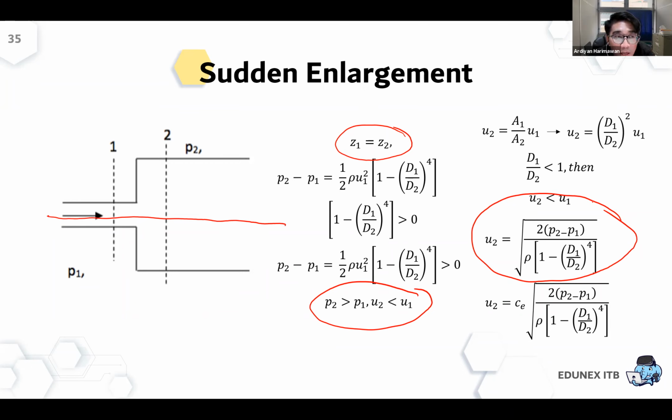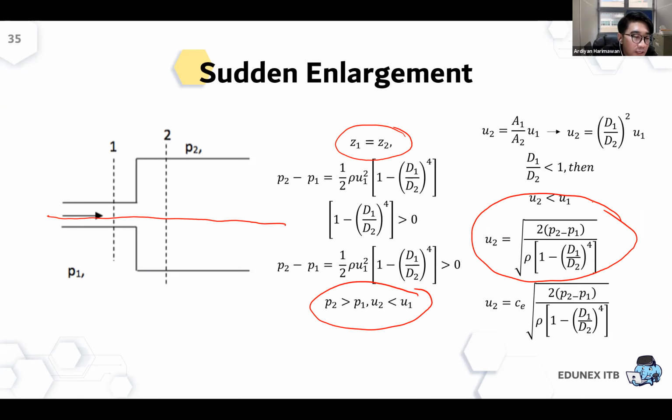Or in terms of pressure drop, or pressure difference. If you have energy loss, which one will be higher, and why? Diffuser or sudden enlargement? Is it sudden enlargement, sir? Why? Because the change of the cross section area is big, like the surface area. I don't know. That's my guess, sir.